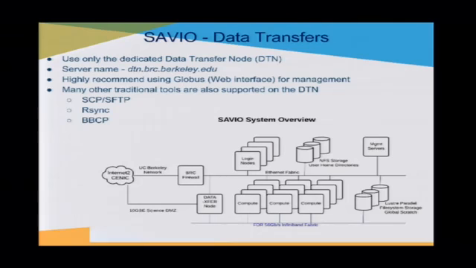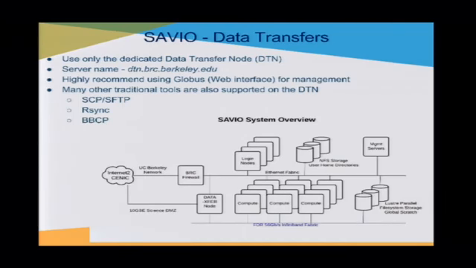How many of you are familiar with Globus? Yeah, Globus is a really excellent tool, and we highly recommend using Globus to do all your data transfers. It's a web service by University of Chicago. You go online, you choose your source and destination, and you just drag and drop files, and it will manage the transfer for you.